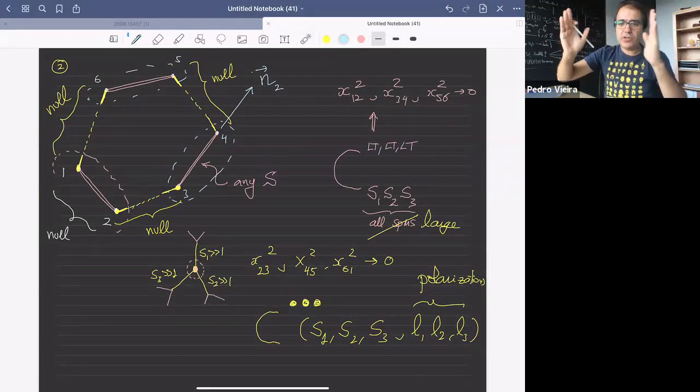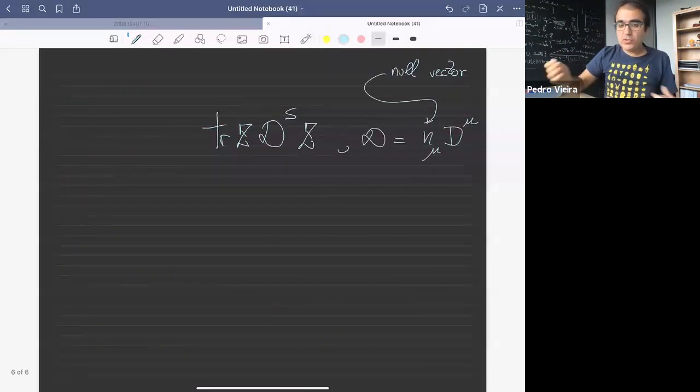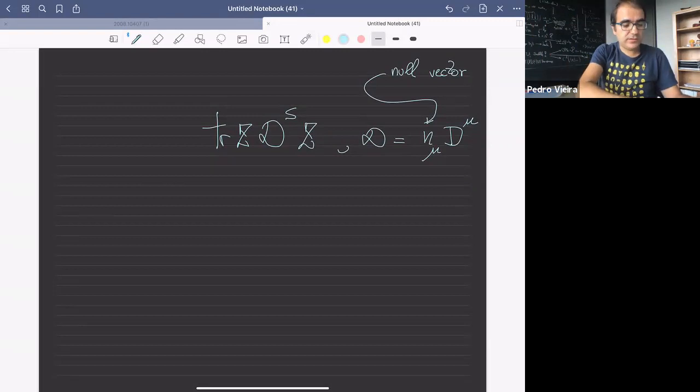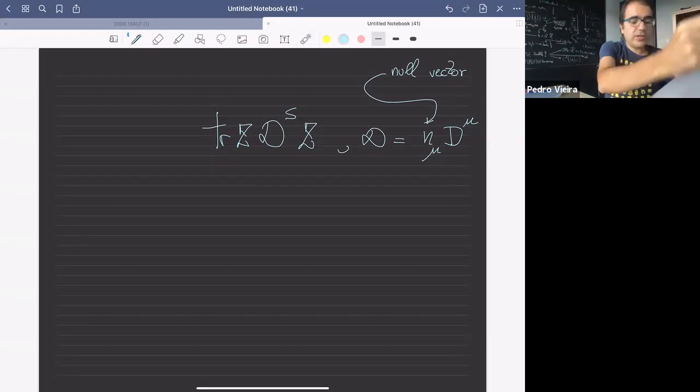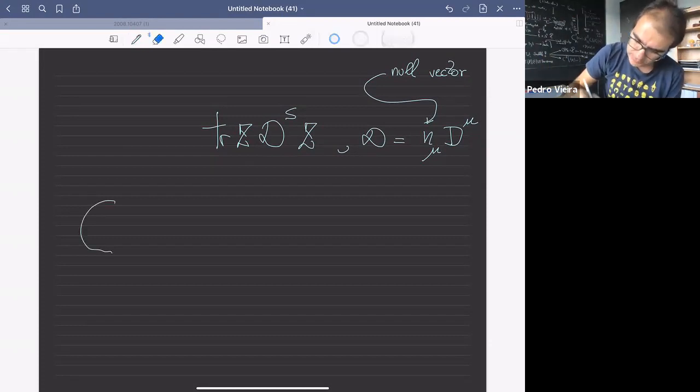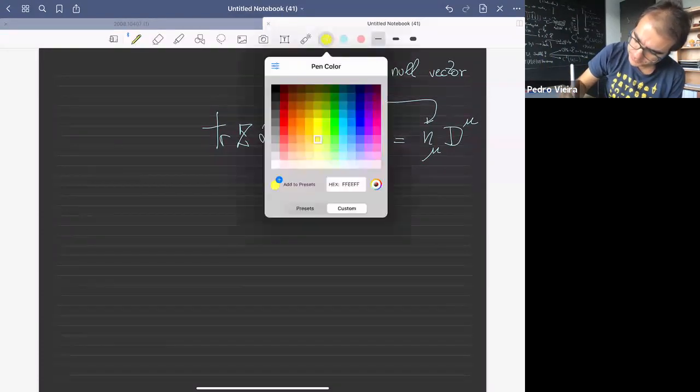And because you have these three vectors, you can make conformal invariants that are related to the polarizations of these vectors. And so the 3-point function now will not be the structure constant, but the 3-point function between three spinning operators.